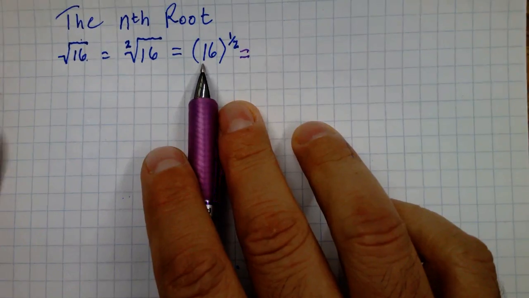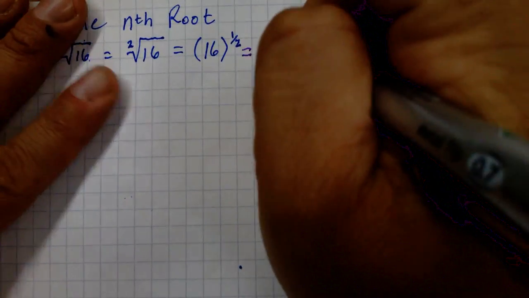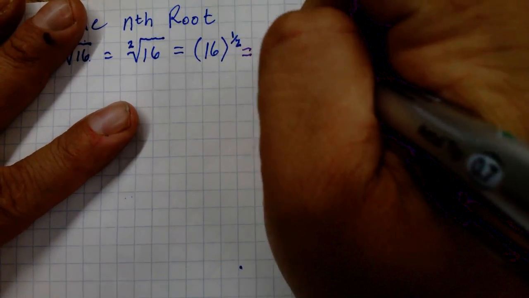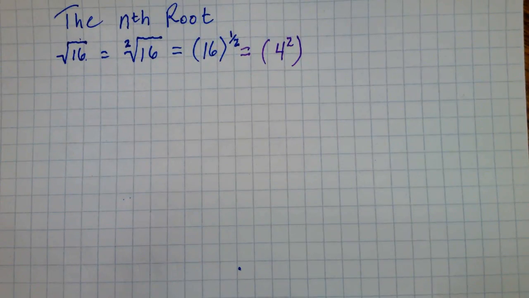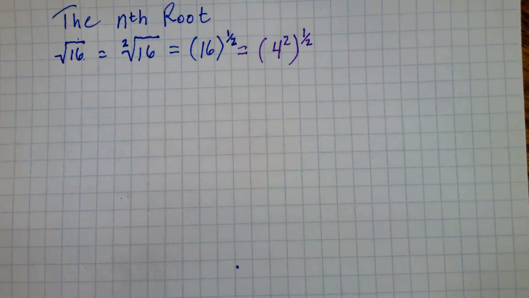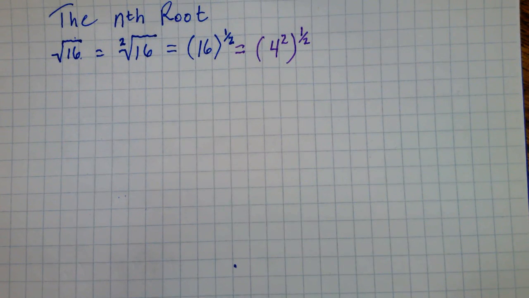I'm going to rewrite 16 the following way. 16 is 4 squared, correct? And that's to the 1/2 power, right? Now we're going to use our little rule. This is a power of a power, right?